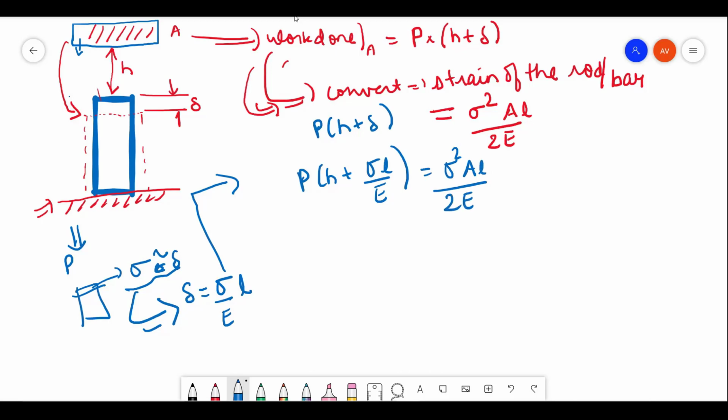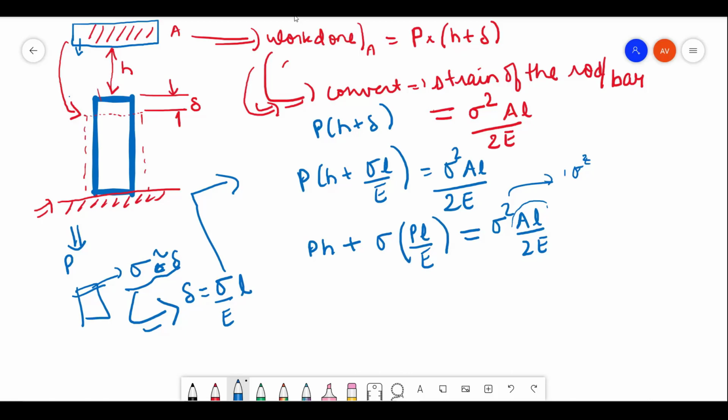Now let's simplify it. Let's make the coefficient of sigma square as 1, so we have to divide this quantity throughout the equation.